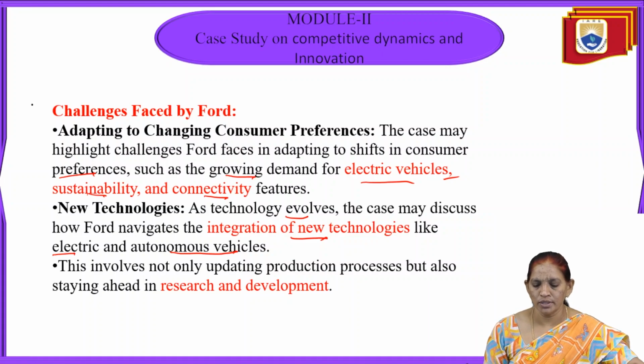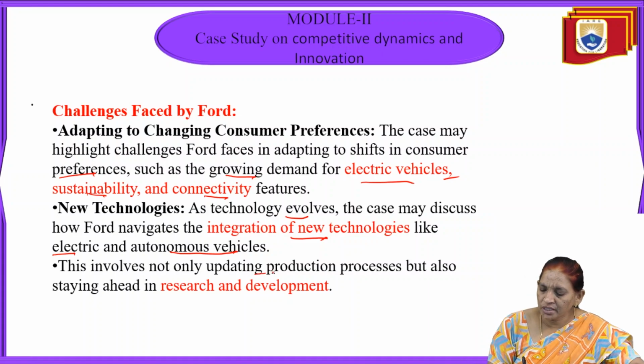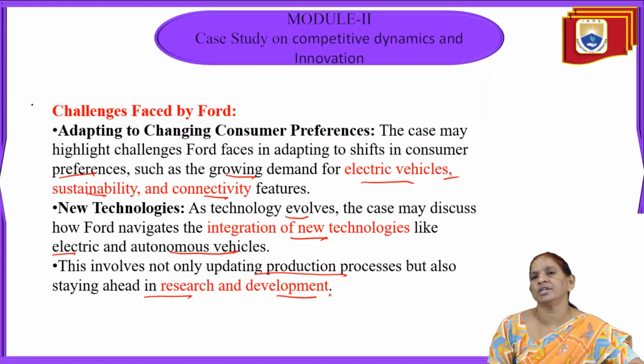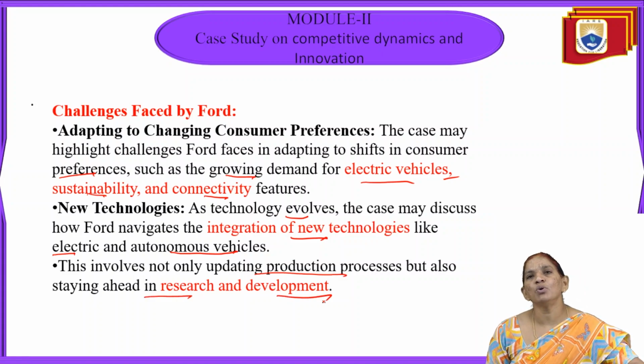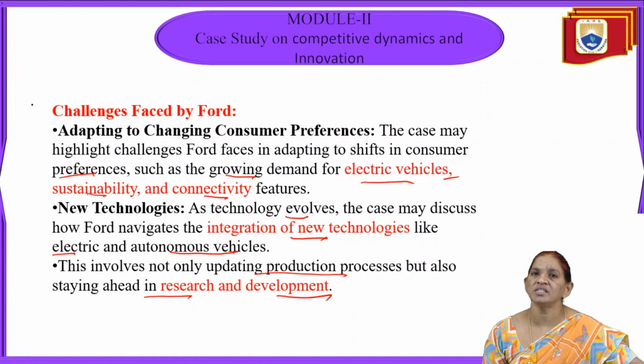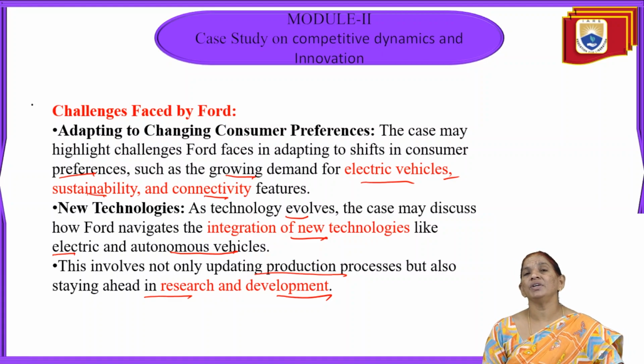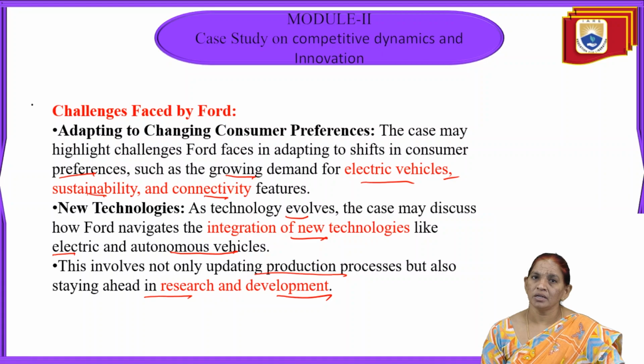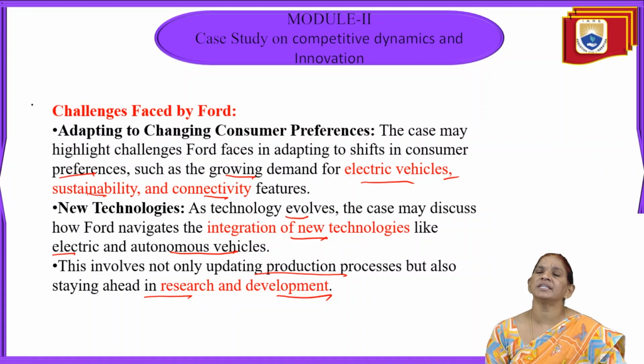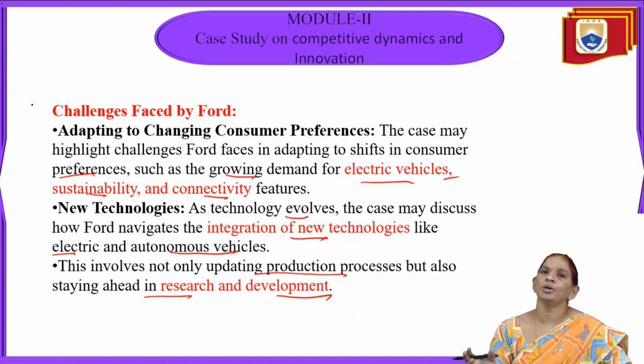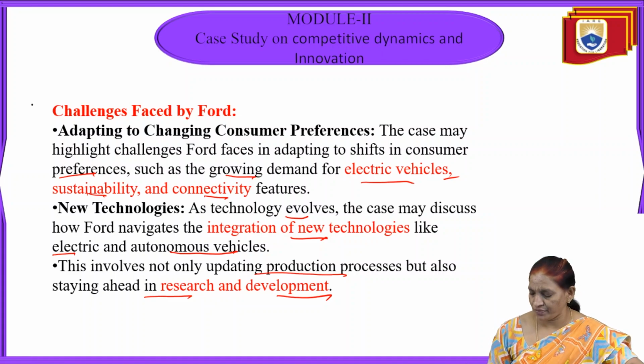So this involves not only updating the production processes but also staying ahead in research and development. Once we go on continuously in research and development, only then are we able to face the challenges from the external environment, and also we can give a changeable or preferred customer-designed product by identifying customer taste and preferences.